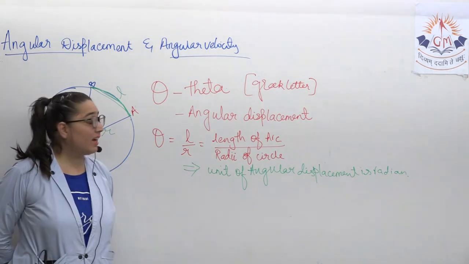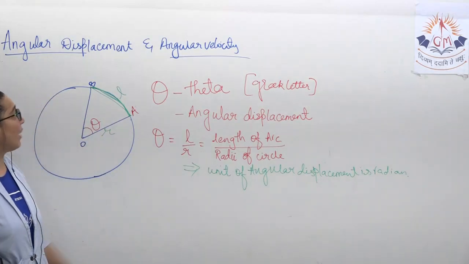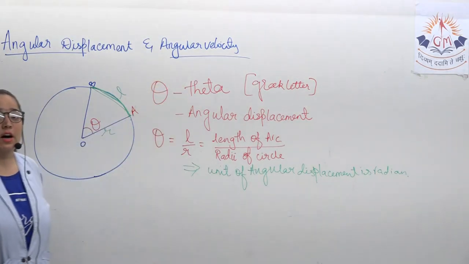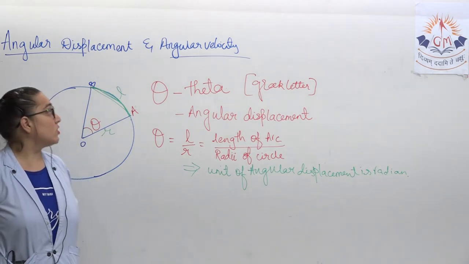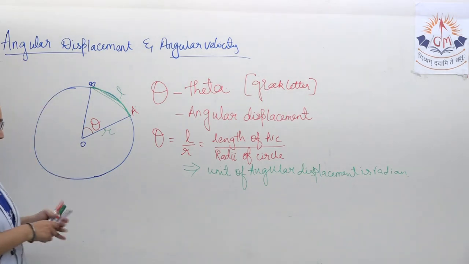As we studied theta, we'll study one more term now, angular velocity, and a new Greek letter for angular velocity. This is all about angular displacement.